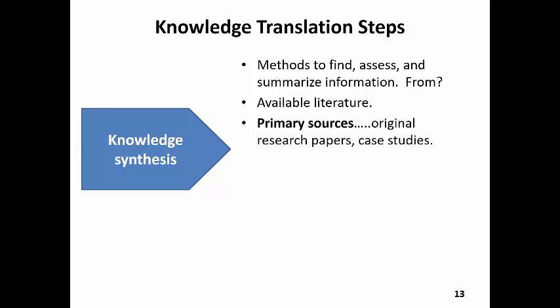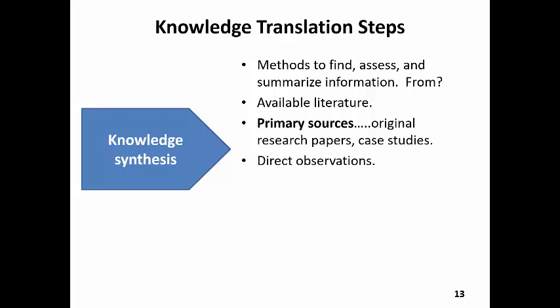And this can take on a number of different forms. The primary sources are considered those that are the original research papers or case studies. So these are research articles that appear in scientific journals that report the outcome of an experiment or a particular type of unique case situation.